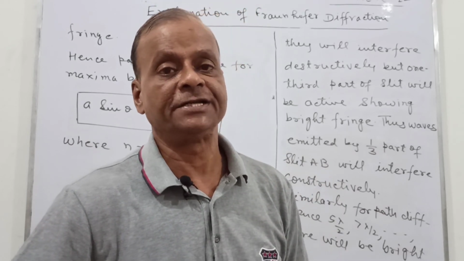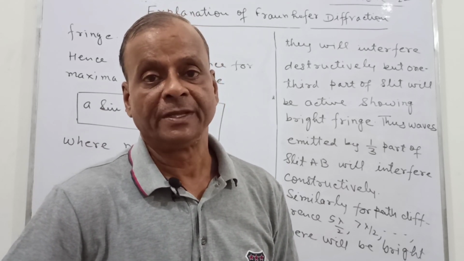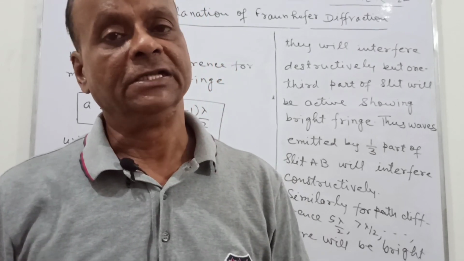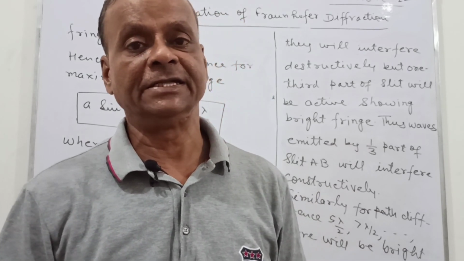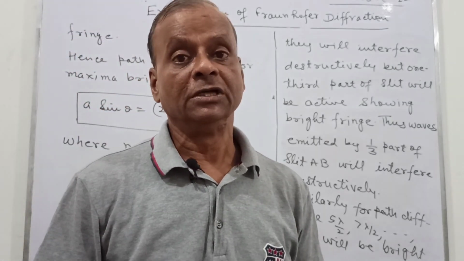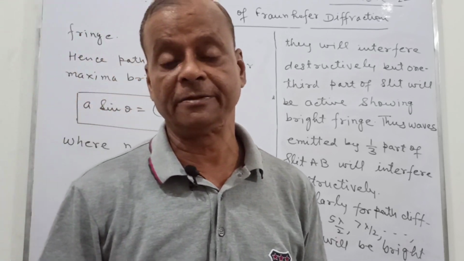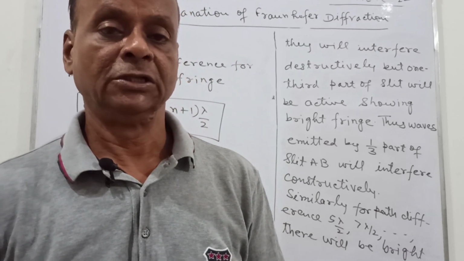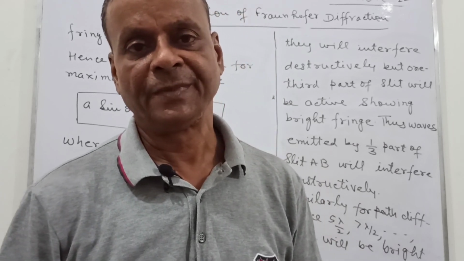When these wavelets interfere constructively, they show a bright fringe; if they interfere destructively, they show a dark fringe. The central fringe is always the brightest, also called the principal maximum. So this is the explanation of Fraunhofer diffraction.